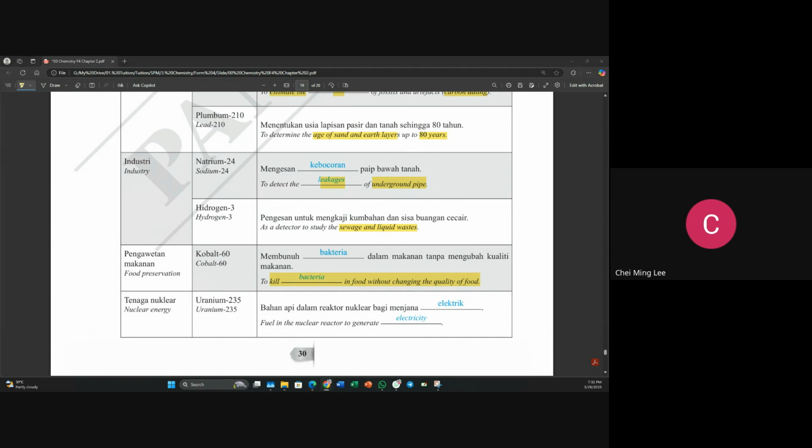Those foods which are radio-sterilized are normally fresh food, the very expensive ones, like apples that cost more than 20 or 30 ringgit each, or those very big strawberries that can stay fresh so long until they are sent here and sold to us for 80 ringgit per box.